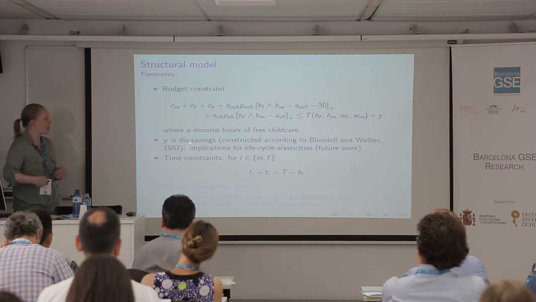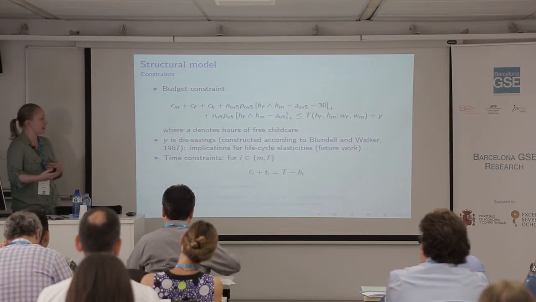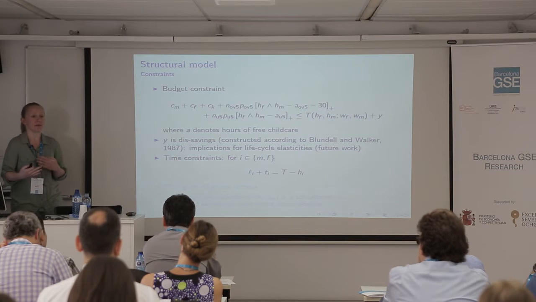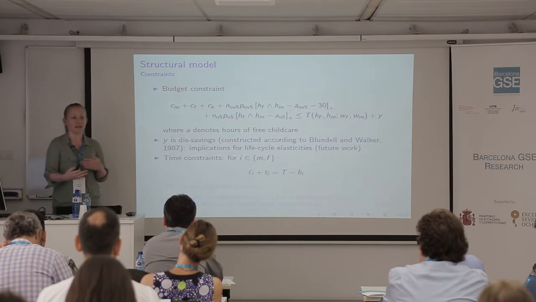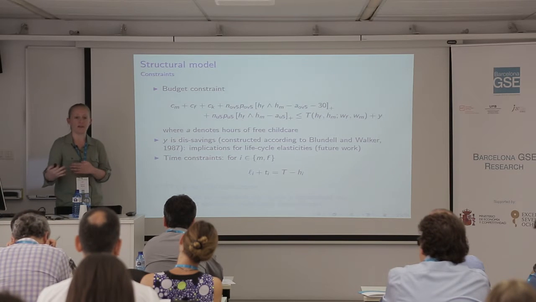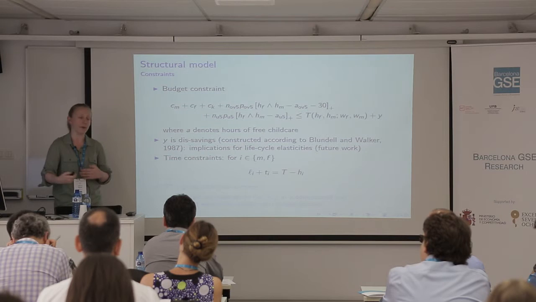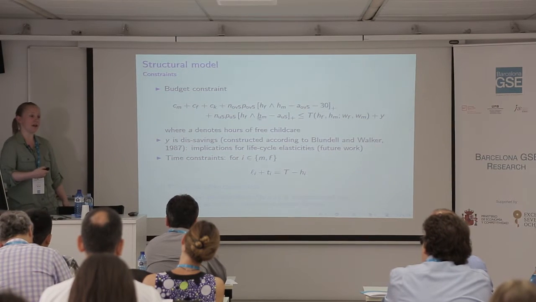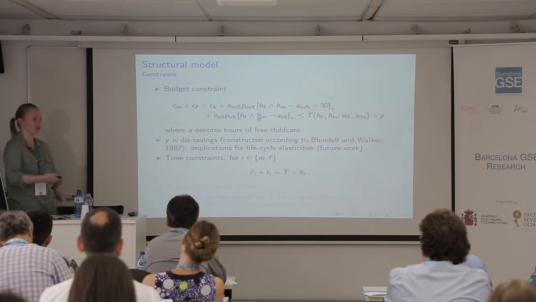Because it relates to this savings, I am able to interpret some of my estimates in a life cycle framework, and I'm going to be supplementing this work with simulations in a life cycle framework, so that I can talk about this in a more general framework.